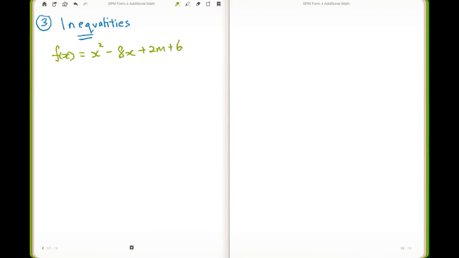You are told that this function intercepts the x-axis at 2 distinct points.